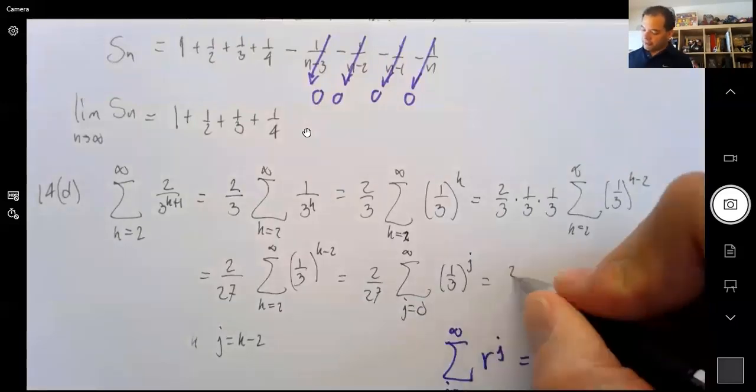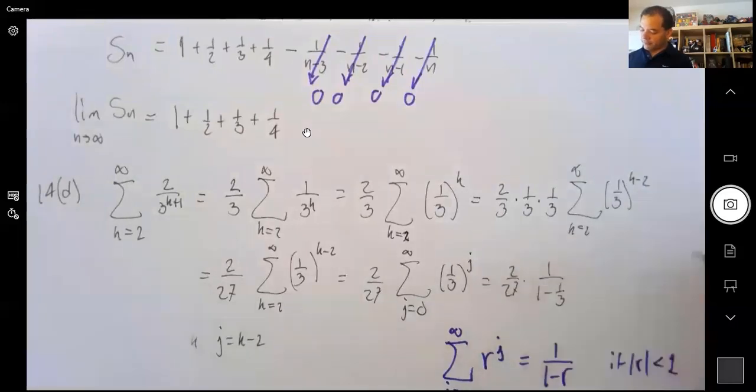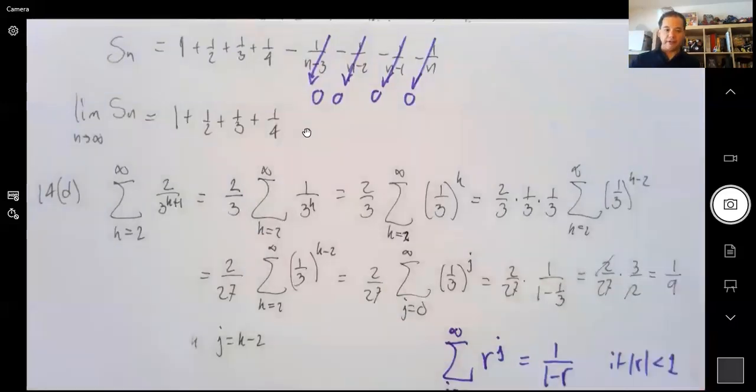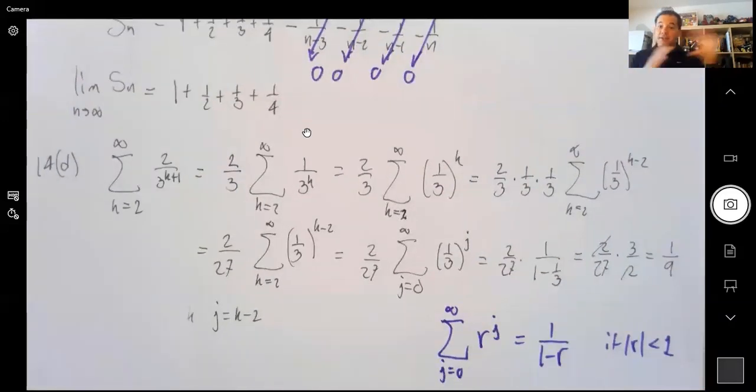So this is 2/27 times 1/(1 minus 1/3). This is 2/3, so that's 3/2. So the 2's go away, and this will be 1/9 is the answer. All right? That's how you're supposed to do it. So extract what you don't need as constants, and then make it so that it starts at 0, so that you can use your formula. That's the key. All right?